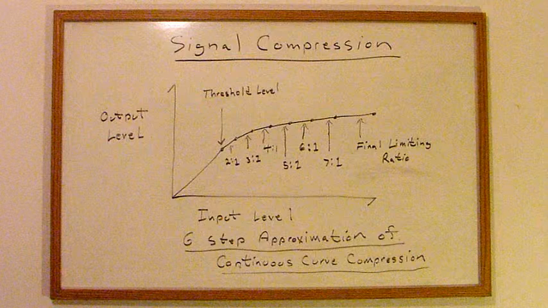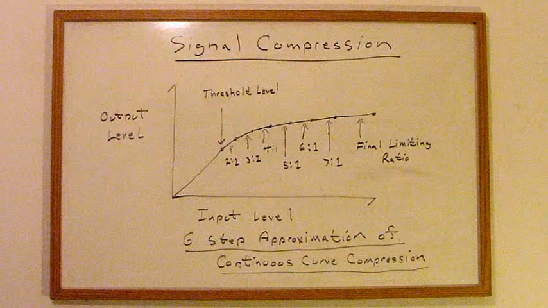Like in the classic compression, we have a 1-to-1 ratio up to a threshold level, and then a change to a new compression ratio, say 2-to-1 in the example, up to a secondary threshold level, where the compression changes to another ratio, 3-to-1 in this illustration, which repeats for a while up to a third threshold level, and then the ratio changes once again to 4-to-1.